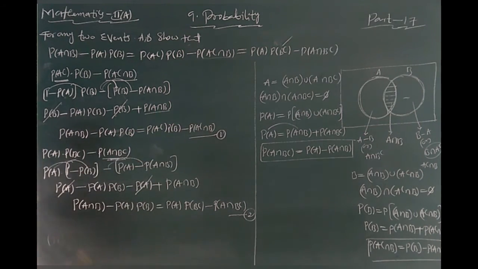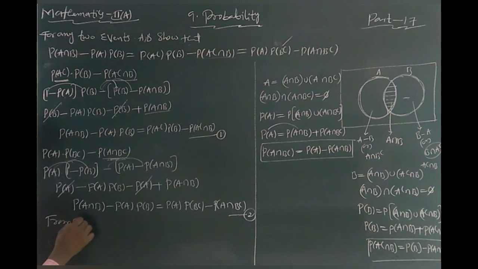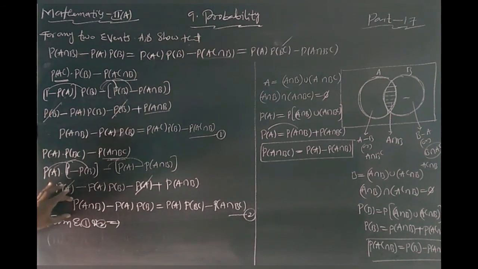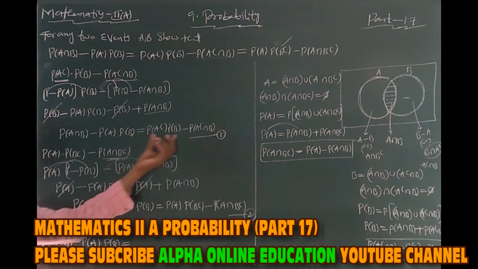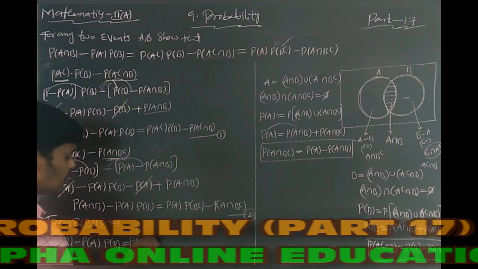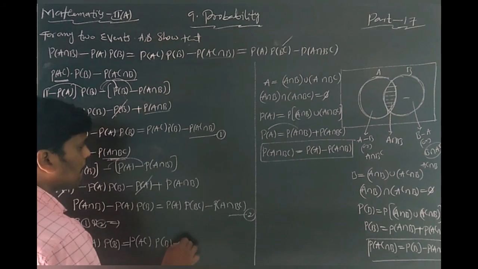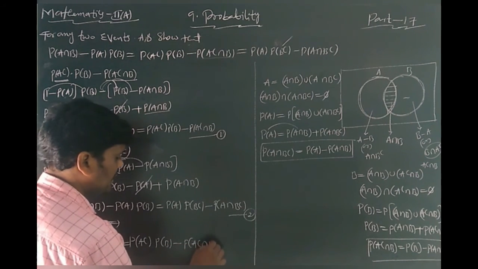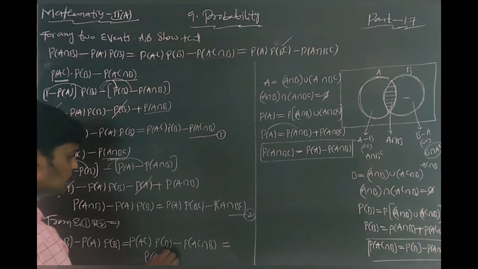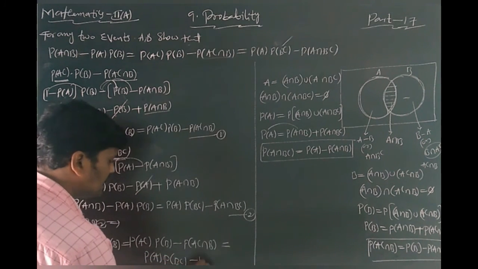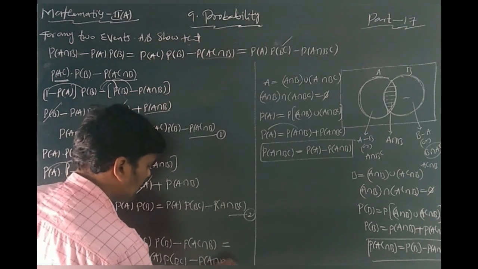From equation 1 and 2, the LHS part is equal. P of A intersection B minus P of A into P of B equals the RHS, P of A complement into P of B minus P of A complement intersection B, which is equal to P of A into P of B complement minus P of A intersection B complement.